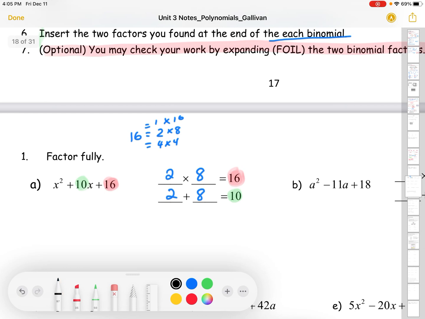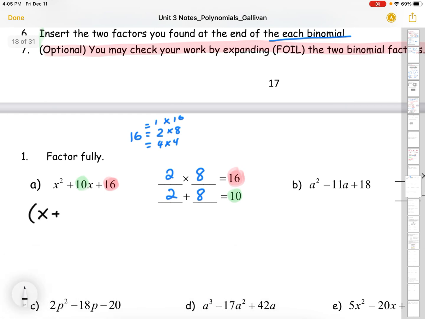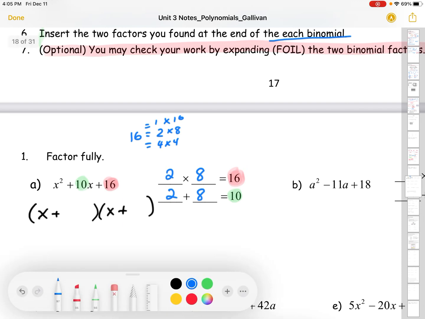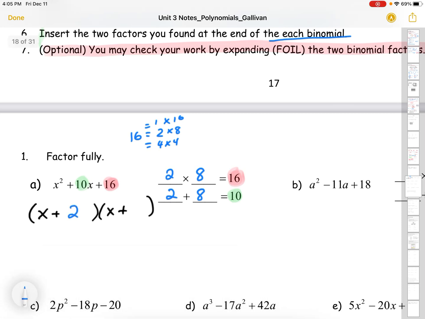Well, now we take those two, and remember our binomials, these are both positive, so they're both going to be positive numbers, or pluses. So we're just going to plop those in, 2 and 8. Okay, so this gives us our last term, and this gives us the coefficient on the middle term.